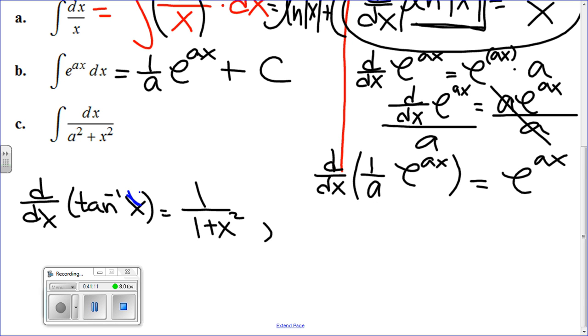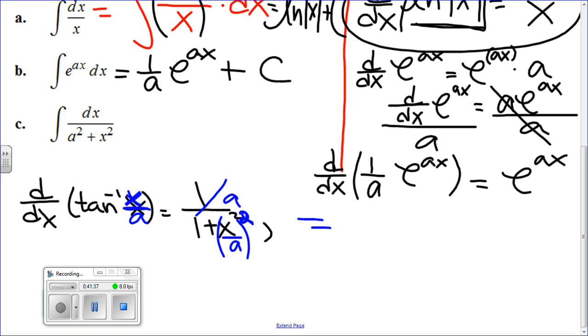I'm going to write over it so we can finish faster, and then we'll have x over a, and then the square right here.